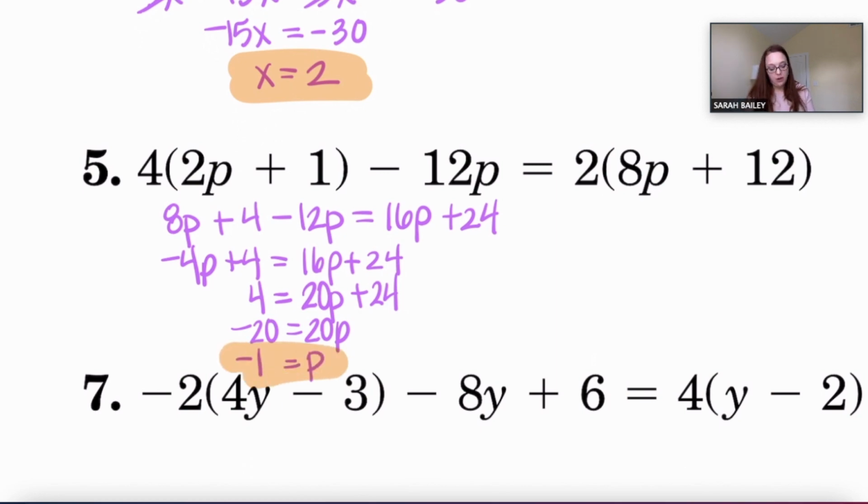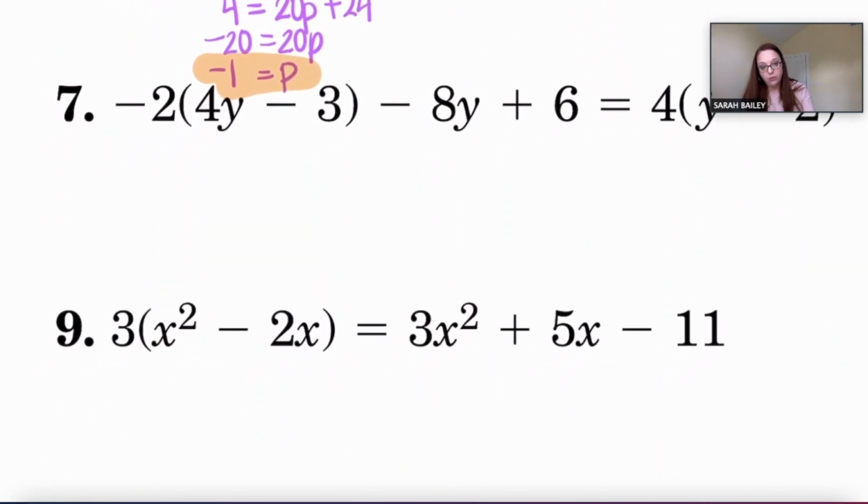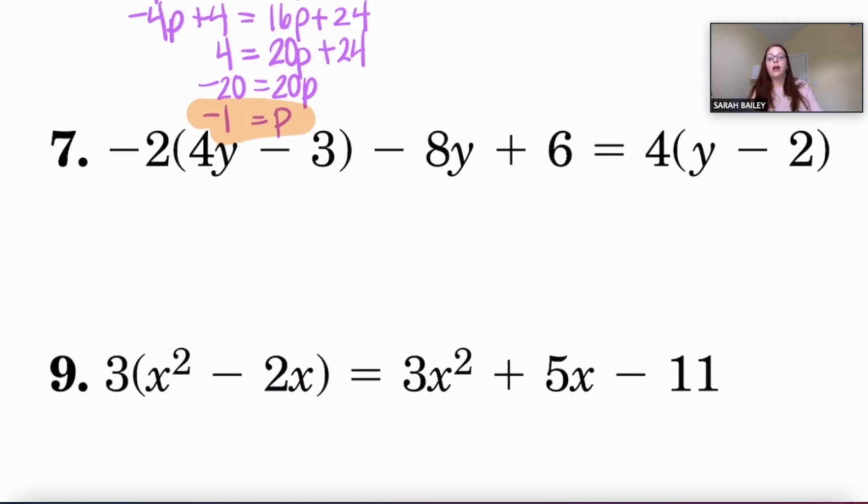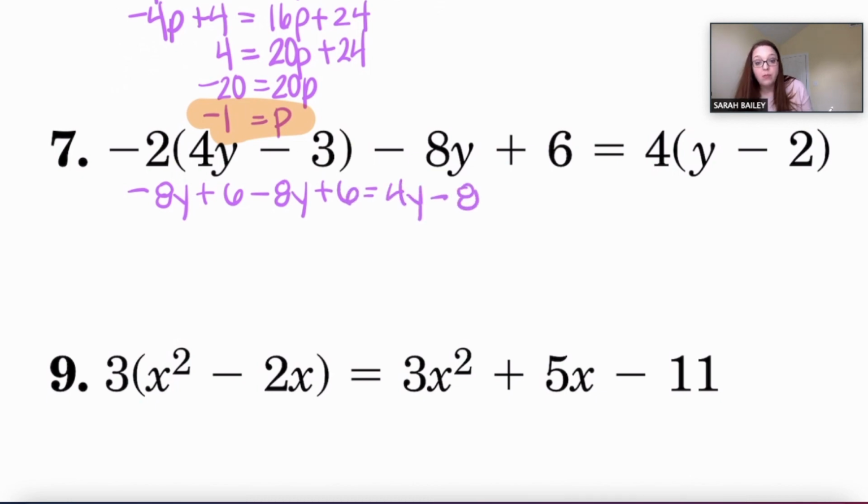Okay? Let's do one more together. All right, so I'm going to start off by distributing the negative 2. So that'd be negative 8y plus 6 minus 8y plus 6 equals 4y minus 8.